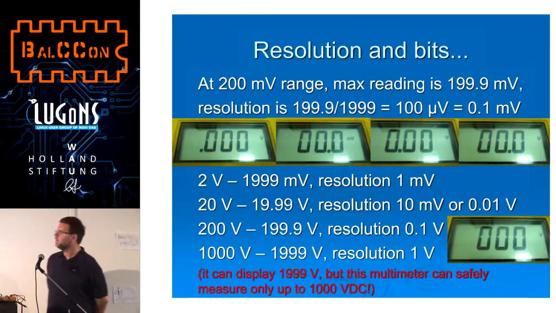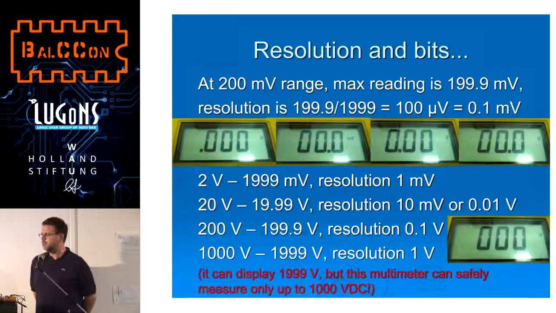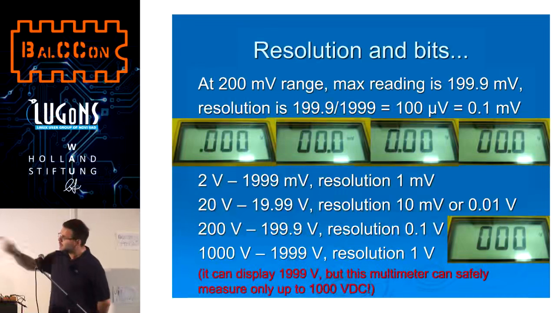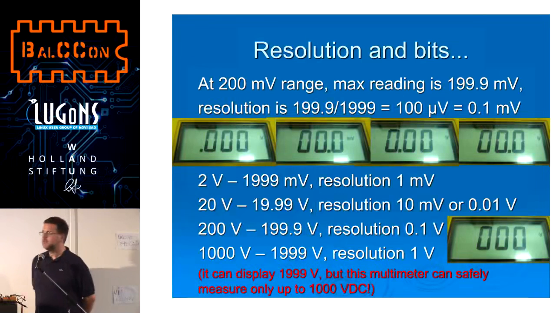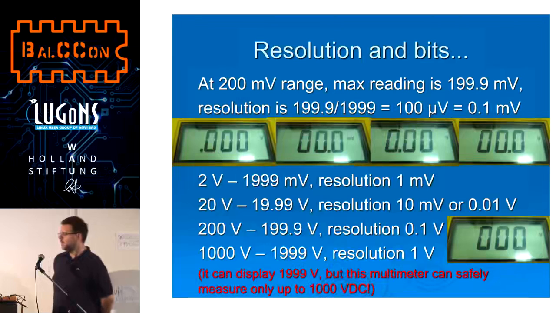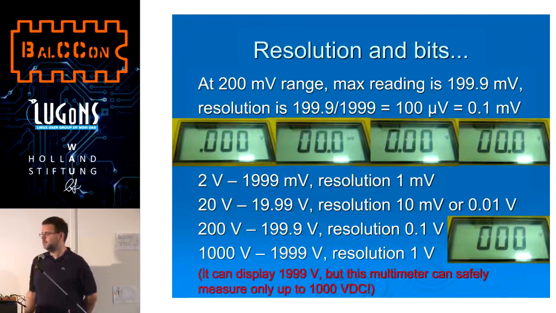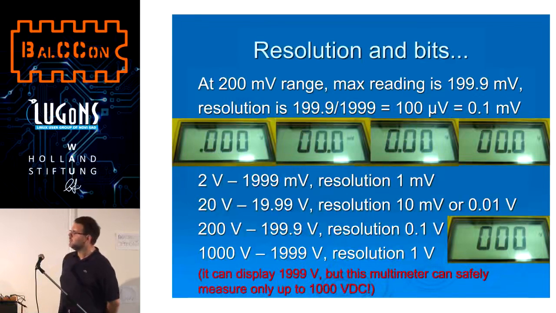If we're measuring at 200 millivolts, that's the first case, we can show 199.9. So the smallest bit here is 0.1 millivolt, and that's our resolution on this range.